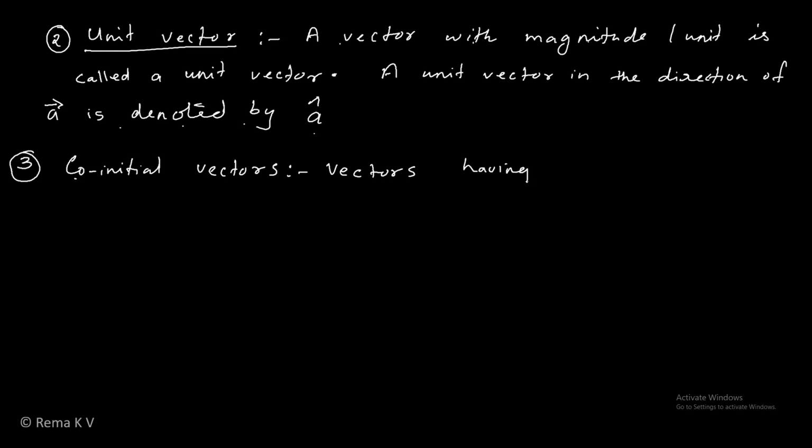Vectors having same initial point. Vectors having the same initial point are called co-initial vectors.